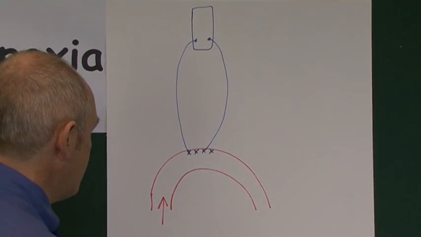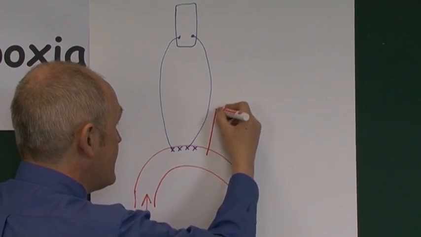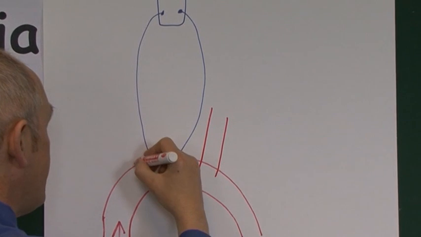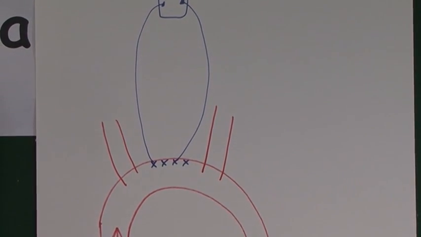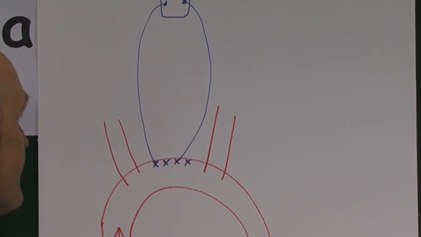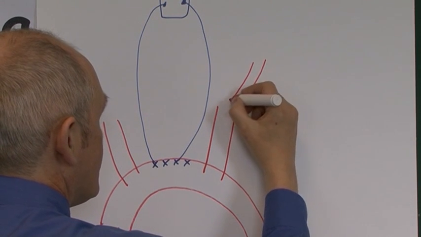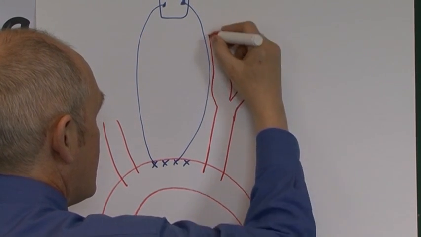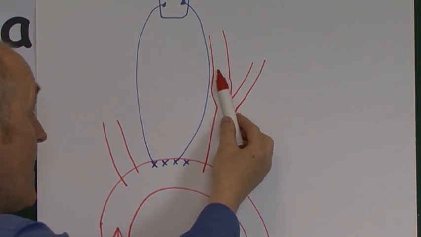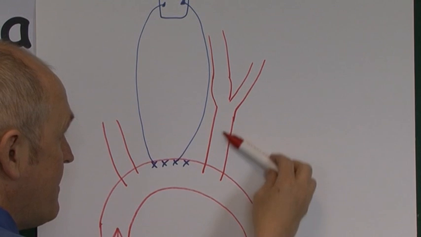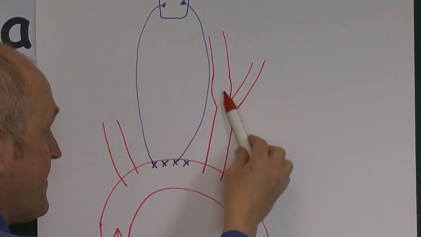And of course, more or less directly, and I won't do the detailed anatomy, here we've got the large arteries going to the brain, which derive from the aorta, the carotid arteries. And you might remember that for the carotid arteries, there's an external one and there's an internal one. And the internal one is carrying blood directly to the brain. So this is the common carotid artery here, the external carotid artery and the internal carotid artery.